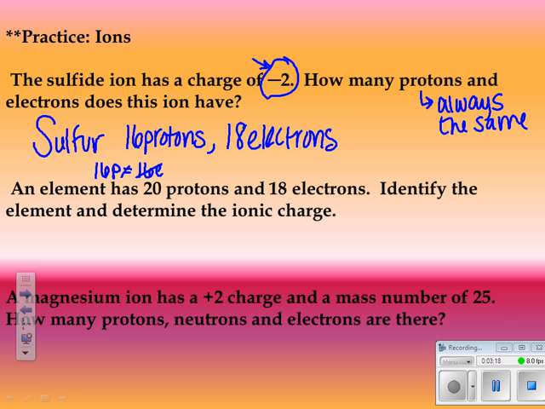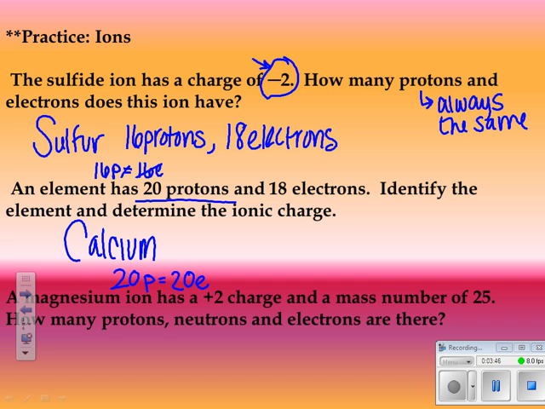Number 2, an element has 20 protons and 18 electrons. Identify the element and determine the ionic charge. Well, if we know the number of protons, we know the element. Anytime you see 20 protons, it's going to be calcium. Now it wants us to determine the charge. Remember, in a neutral atom, it would be 20 protons equals 20 electrons.